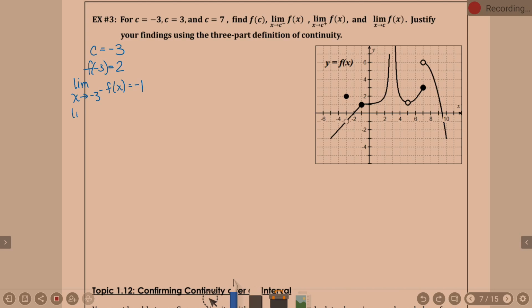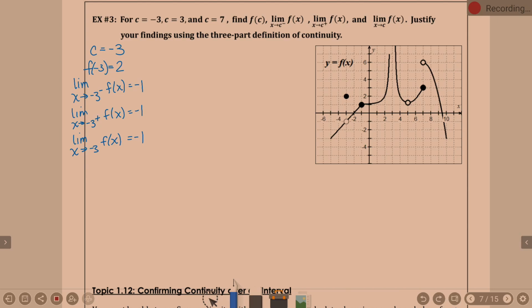What's the limit from the right? Limit as x approaches -3 from the right of f of x is also equal to -1. What's the limit then as x approaches -3? Limit as x approaches -3 of f of x is equal to -1. And we know that because the limit from the left equals the limit from the right, yes?